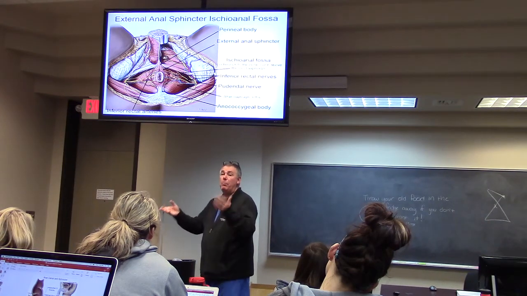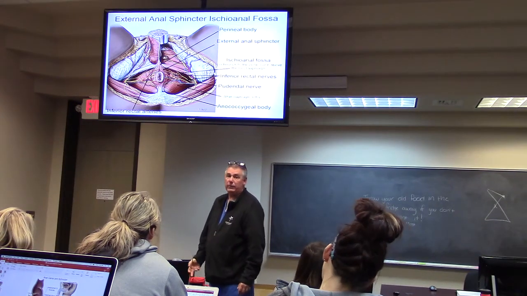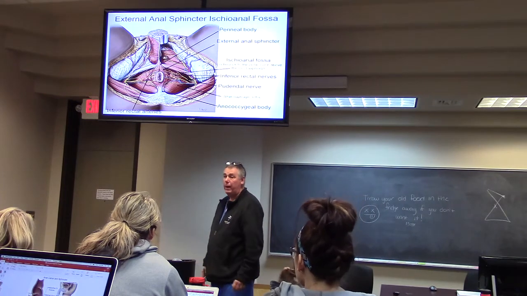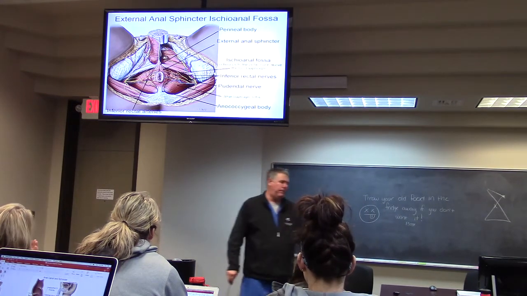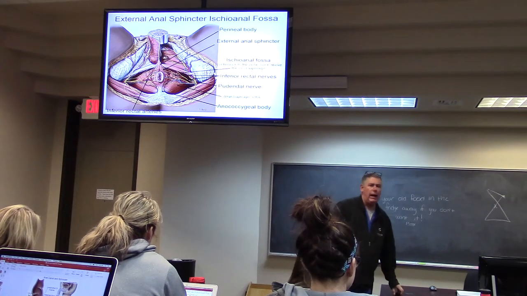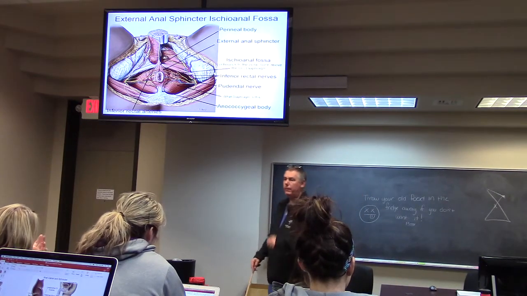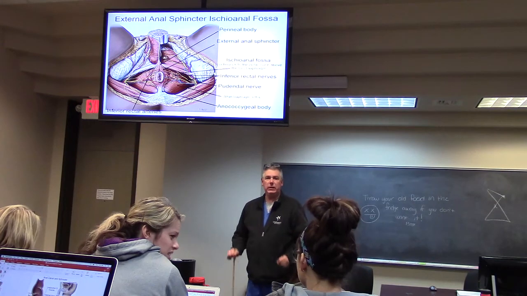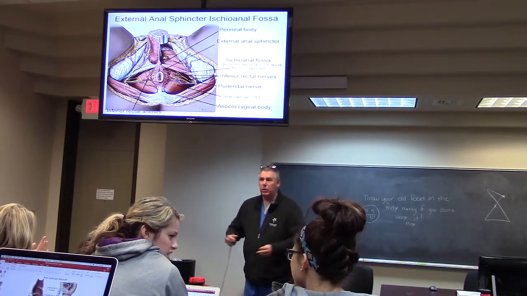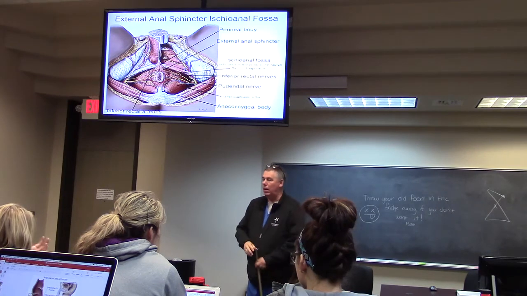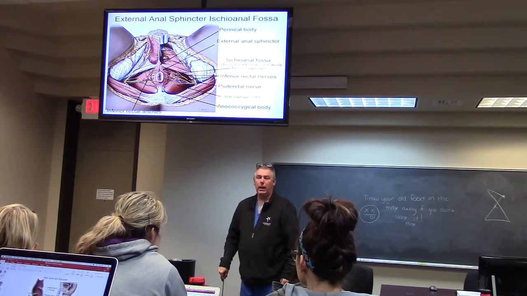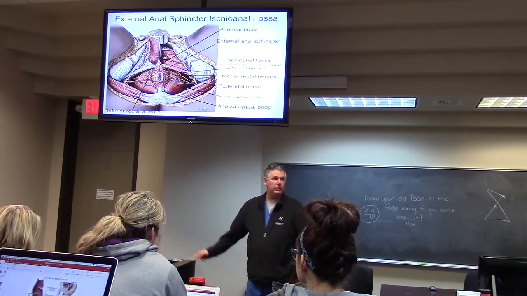You can get buckets of pus out of these things because there's so much room down here. If it's absolutely well localized, I don't mind incising them. But if you have an obese person and not a well-defined abscess, I don't do that, because you don't know where that stuff's going to go.